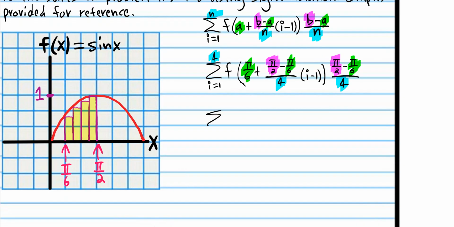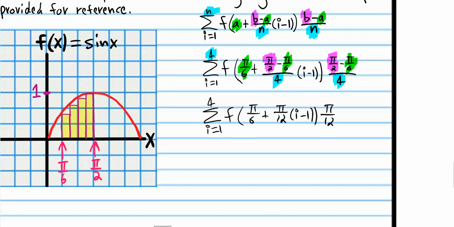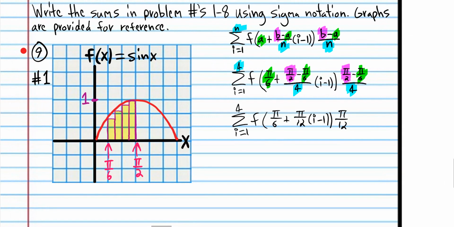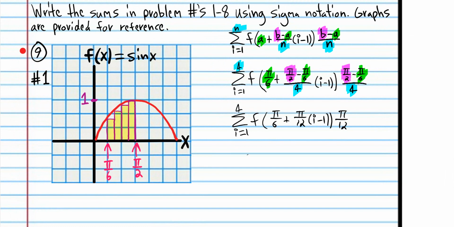Alright, so now we just have to simplify the formula, and eventually we're going to replace f with what the actual function is. In this case, it's the sine function. So we simplified and we got pi over 12. We don't really need to do that again. Remember, that was the width of each rectangle in problem number 1. So I'm going to distribute.